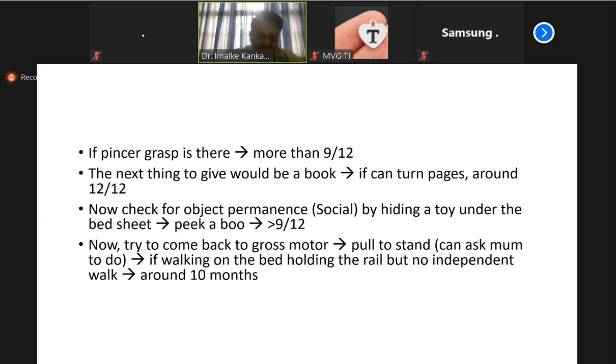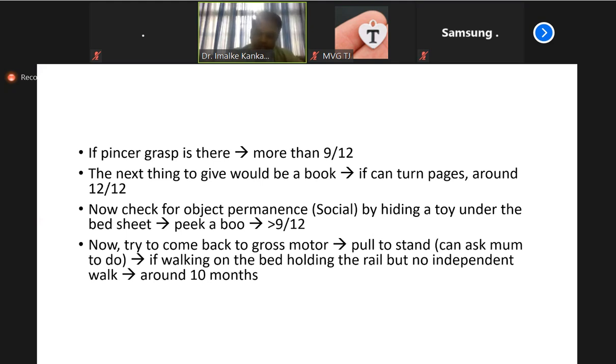Okay, now at the end of all these things, come back to gross motor. Now the child is in a sitting position, you can pull to stand, or you can ask mom to do that, and then you go back to the foot end of the bed and encourage the child to cruise around the furniture. They will be able to do this if they are more than 10 months.